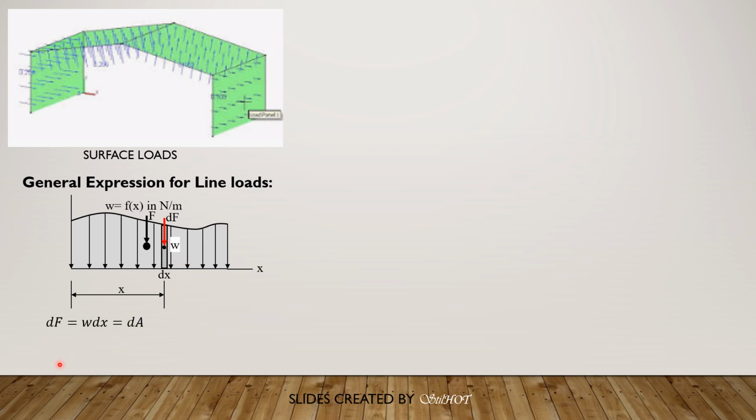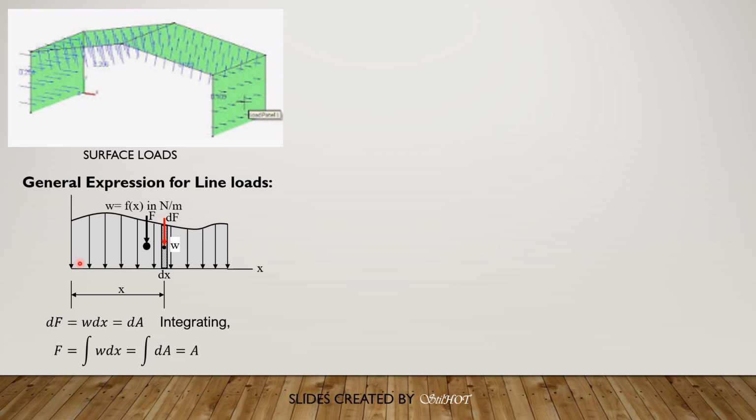Take note that we also define this w dx as the differential area of that strip. Integrating both sides, we have F equals the integral of w dx, or simply the area of this line load diagram.